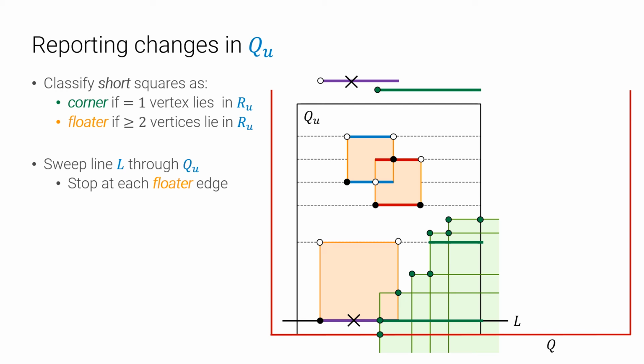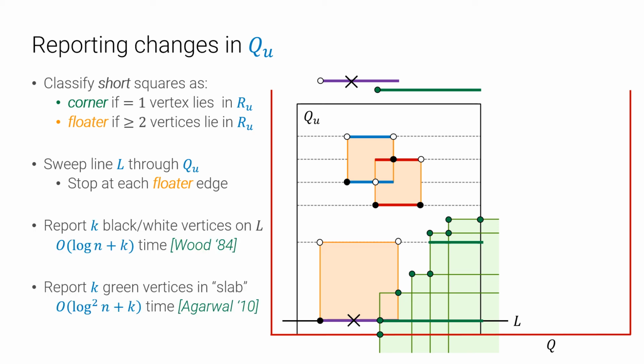So the left endpoint of this purple interval ceases to be a vertex of the 1D cross-section, as L no longer intersects any floaters. And a green vertex, as shown here, is defined by the intersection of this green union of corner squares with the purple interval.